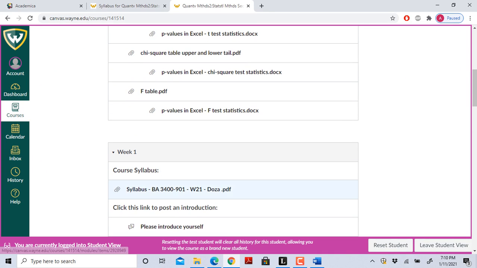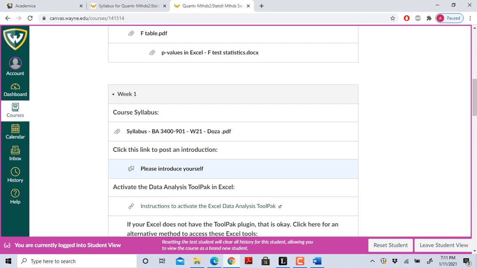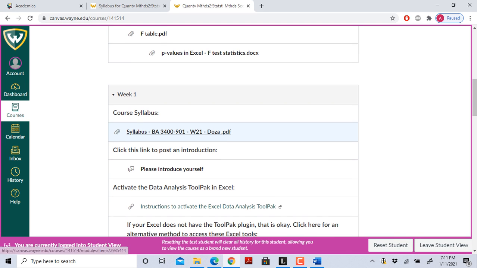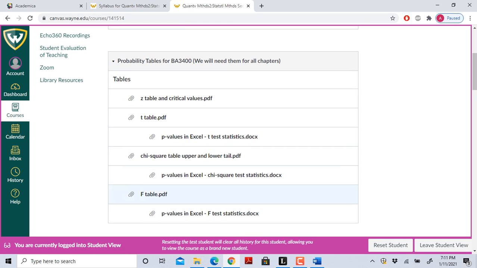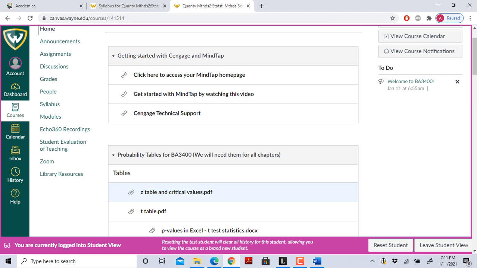I have updated the syllabus because there was a typo where I wrote fall 2020. It should be winter 2021. So introduce yourself, and read the syllabus. These are the tables that we will use mostly, and how to do the Cengage registration.